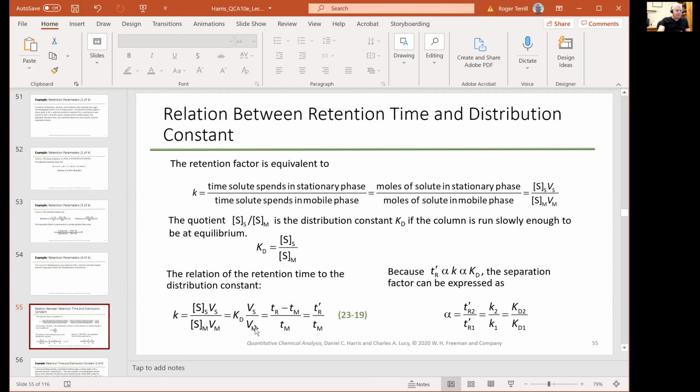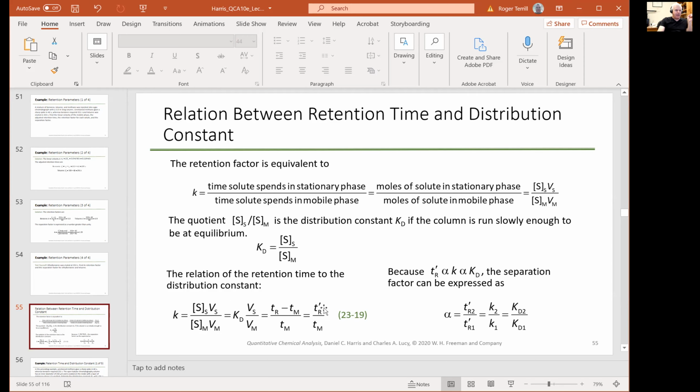Trust me, nobody gives a crap about the magnitude of capital K. All we care is that capital K is formally related to little k. Little k you get from a chromatogram. Capital K you can calculate if you know these ambiguous nonsense Vs and Vm. So we don't often calculate capital K, right? But little k is related to this thermodynamic thing, and it's very easily gotten by T prime over Tm. Yay. That's all we got to say about that.